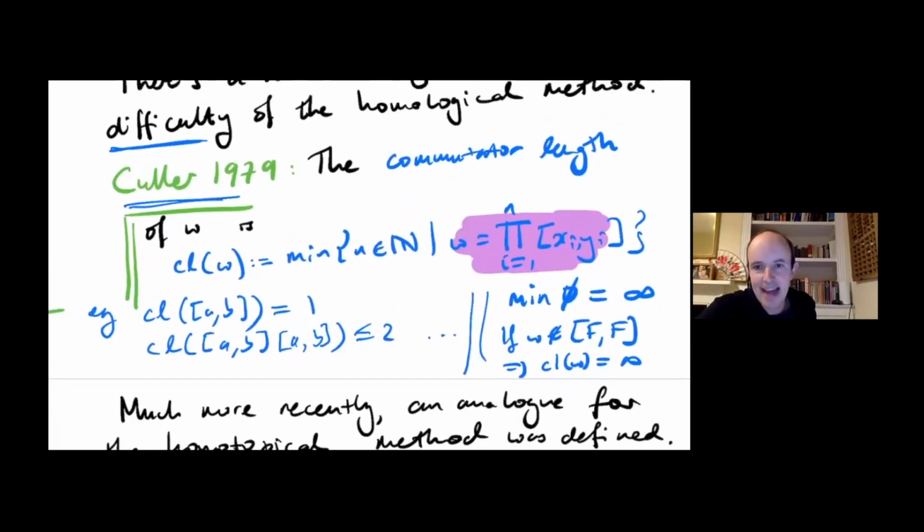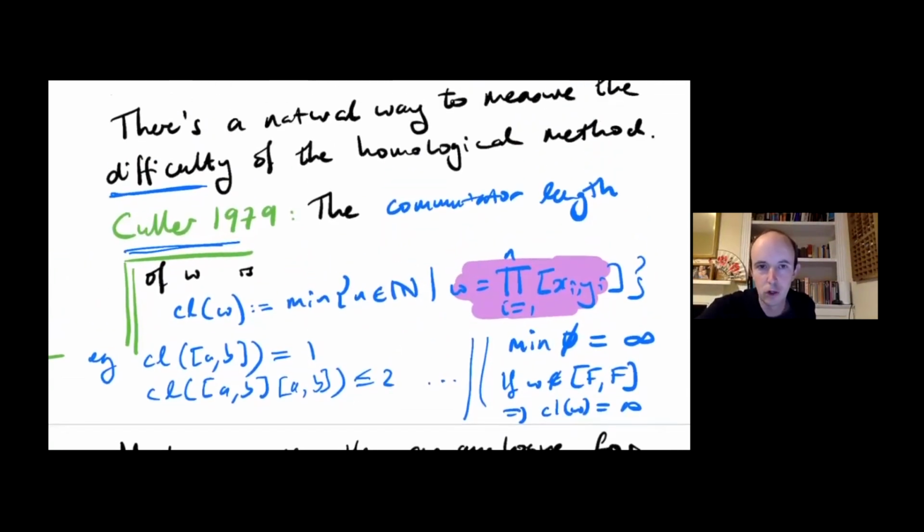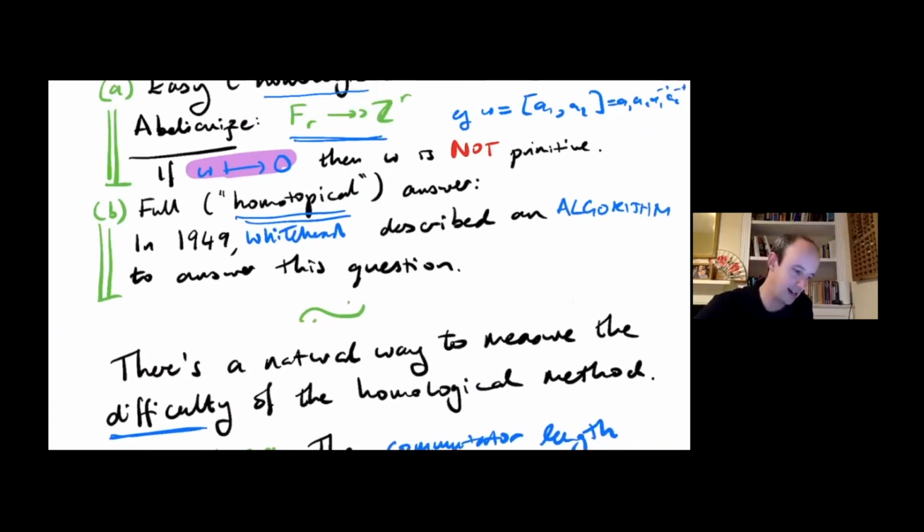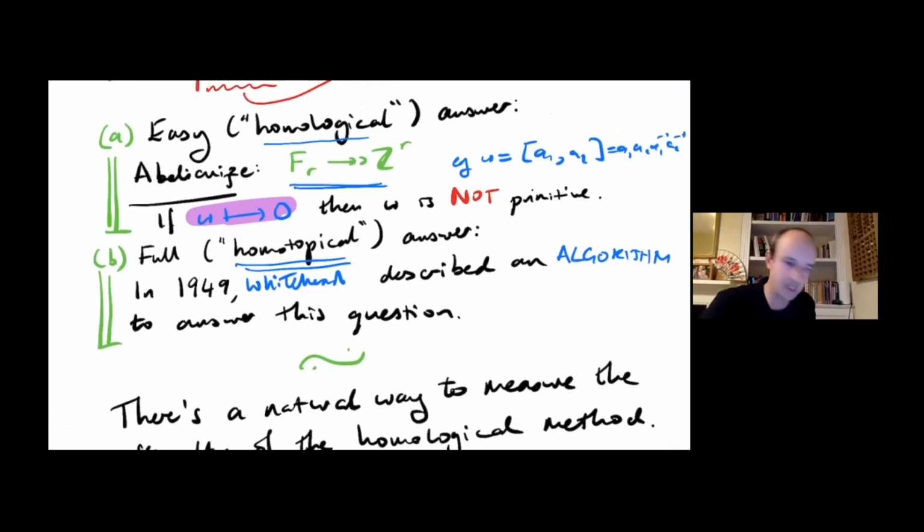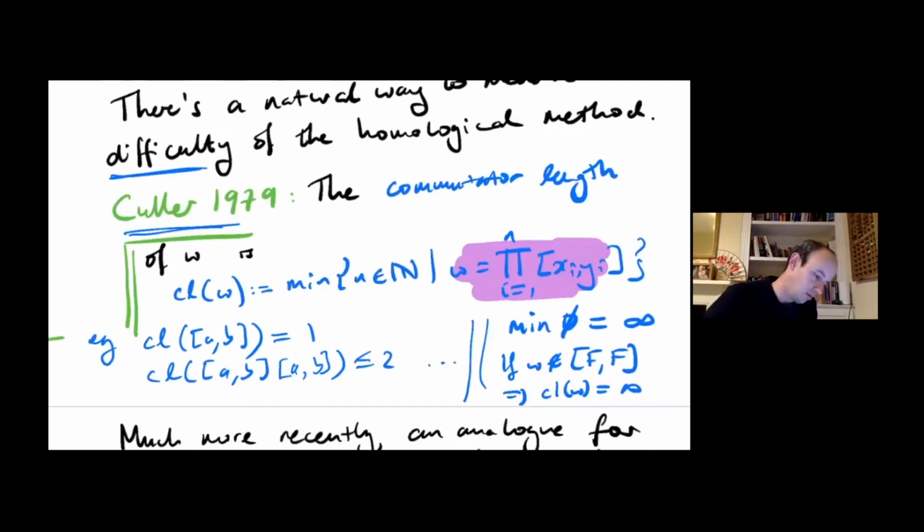Now, is there an analog of this for Whitehead's algorithm? This is somehow a measure of the complexity of this method A. Now, what about this method B? Do we have a measure of complexity for that? Well, we do.